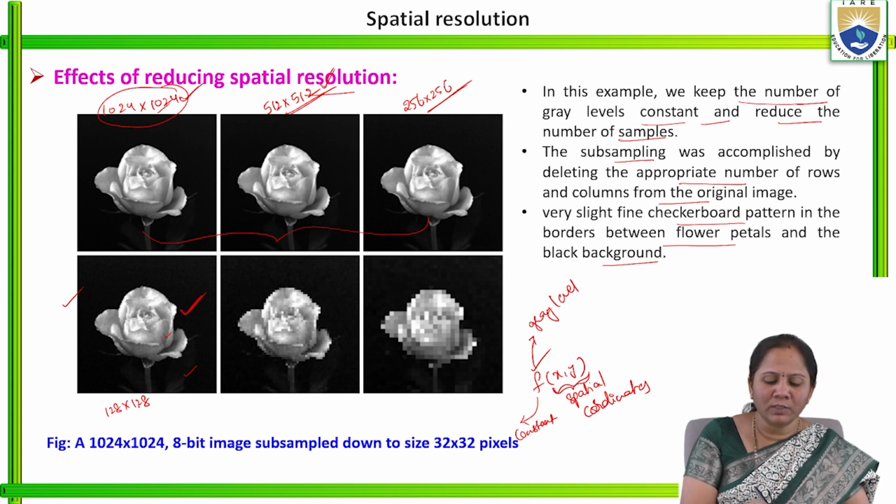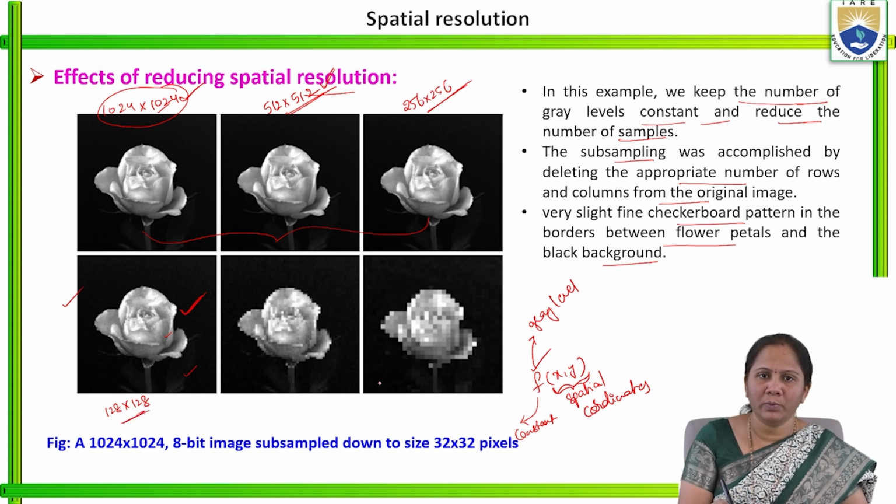If you reduce this 128 by 128 image further, the next image is 64 by 64. Compared to the previous image, this one has been degraded, and its quality is less.